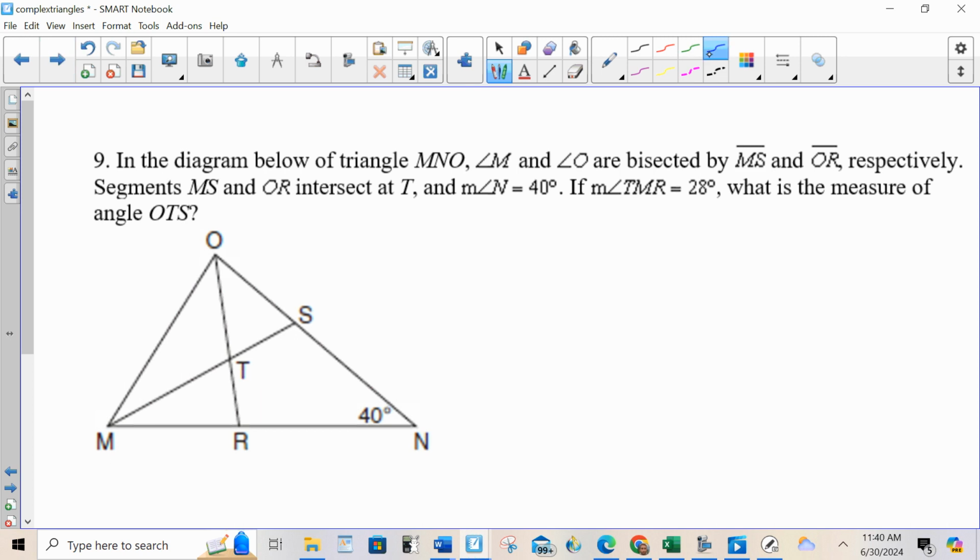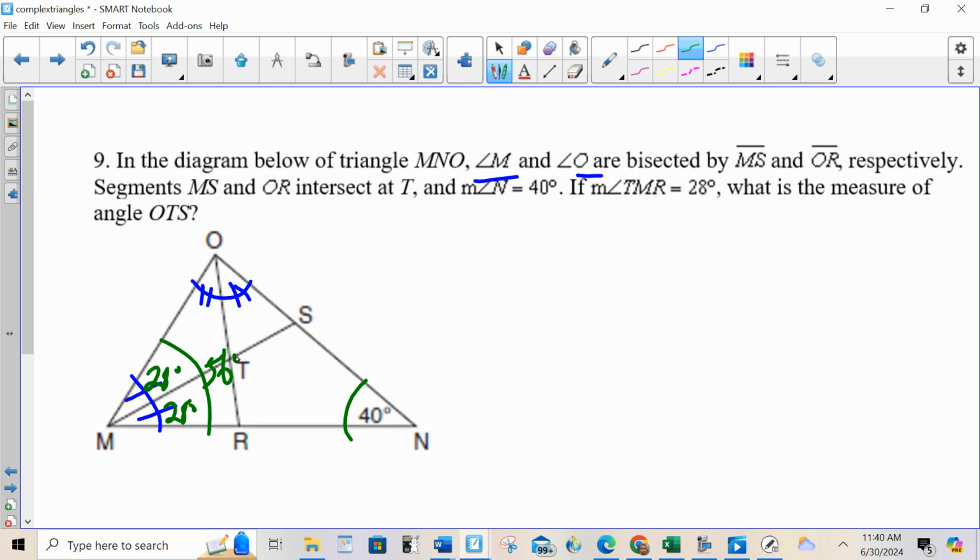It says that angle M and angle O are bisected. So angle M is cut in half, and angle O is cut in half. It says that N is 40. We got that already. TMR is 28. Well, this is 28, and this is 28, and this whole thing is 28 plus 28, which is 56.